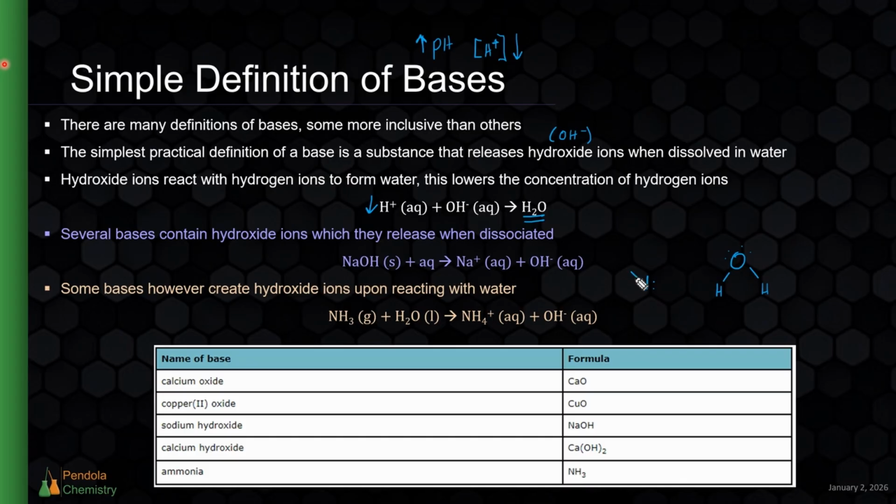So we'll draw ammonia here. And that ammonia can use its lone pair to steal a hydrogen from the water. These electrons go back to that water.